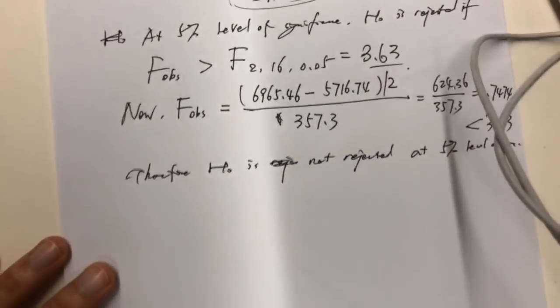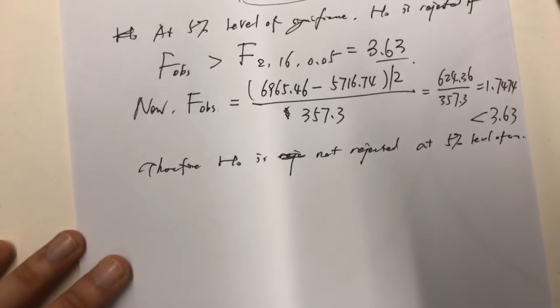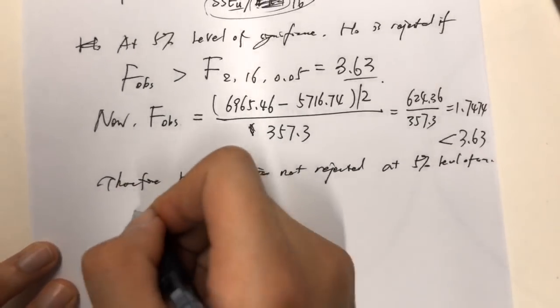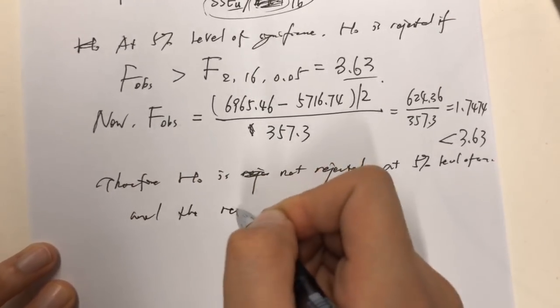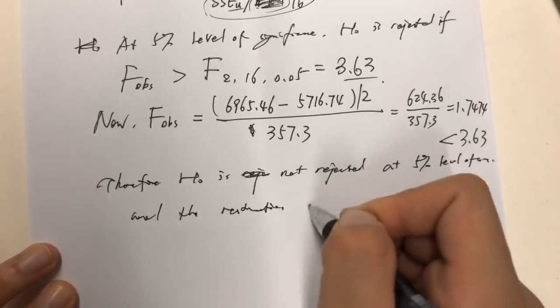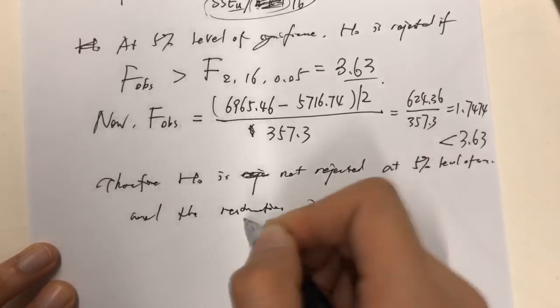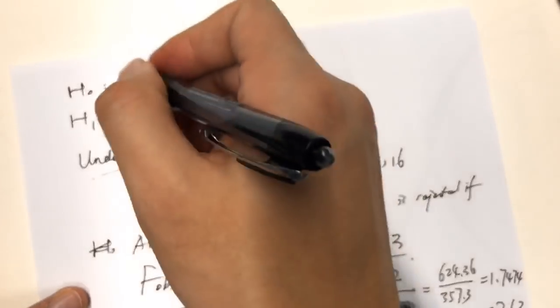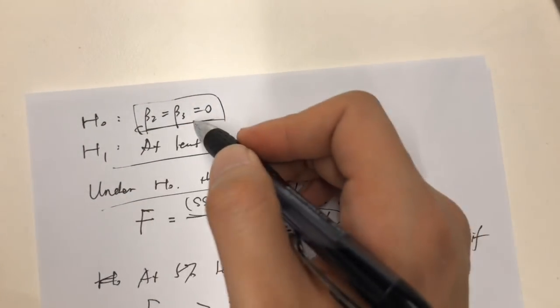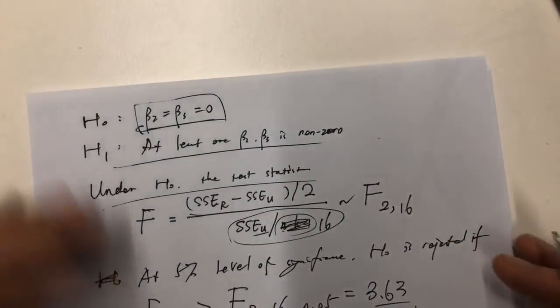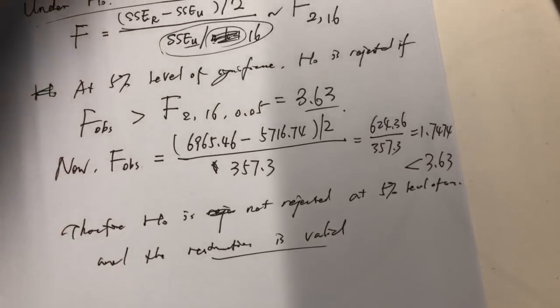So the restriction is valid. This means for beta 2 and beta 3, we cannot reject that they are equal to 0. So it's valid. That's all about this question.